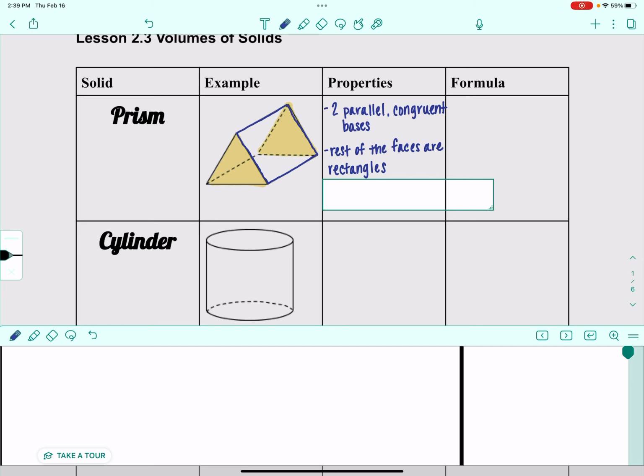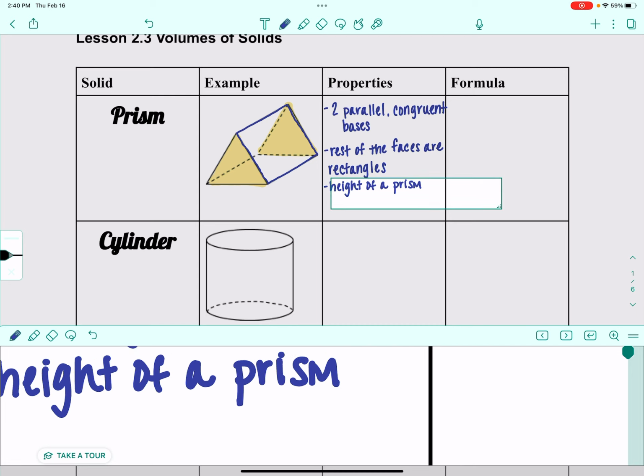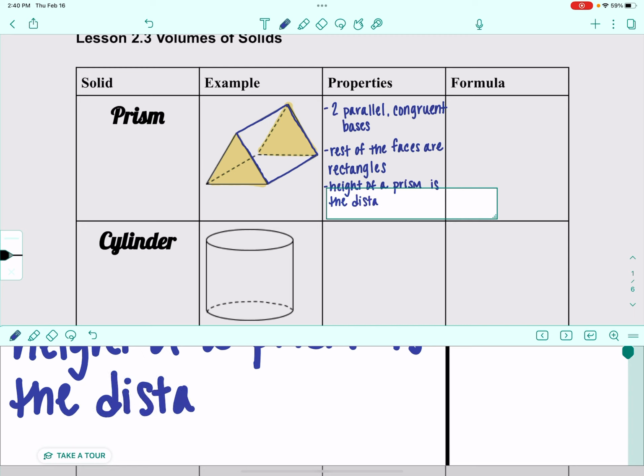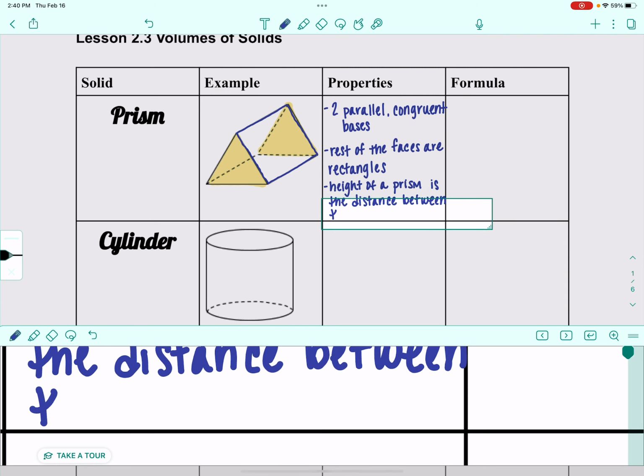And then when we talk about the height of a prism, sometimes your prism could be laying down on its side, kind of like the one we're taking a look at. So when we talk about the height of a prism, we're not necessarily talking about the height from the ground up. We are talking about the distance between the bases.